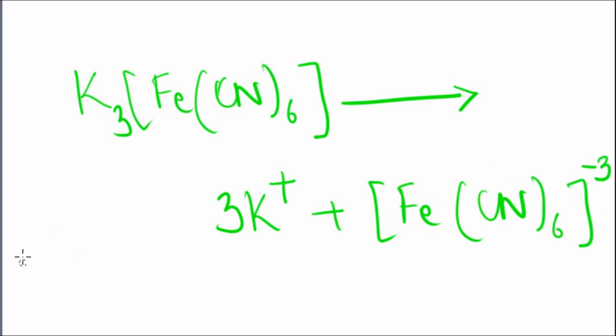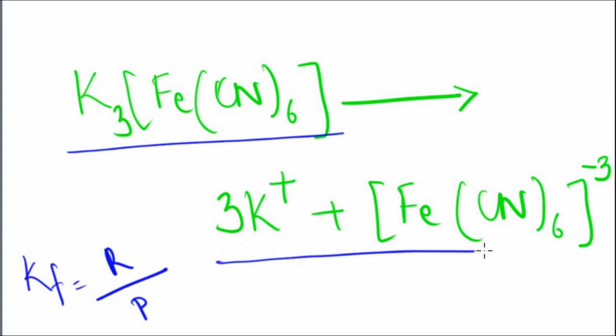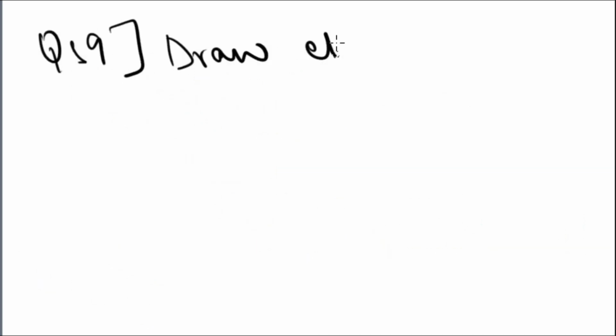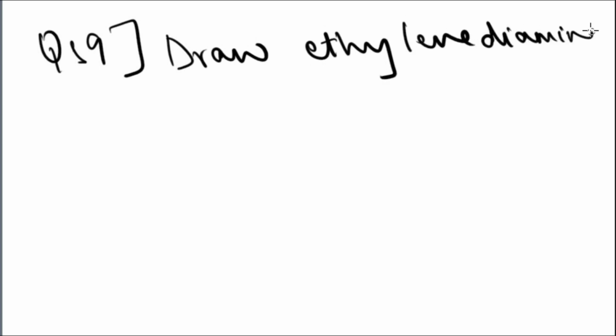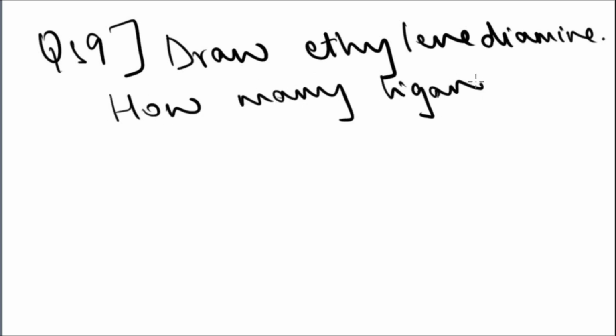Kf is equal to reactants over the product, so this over this. Alright, for question number 9, you have to draw ethylene diamine and also tell me how many ligands it can bind with. Is it monodentate, bidentate, polydentate, etc.?